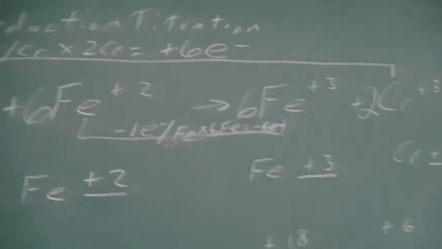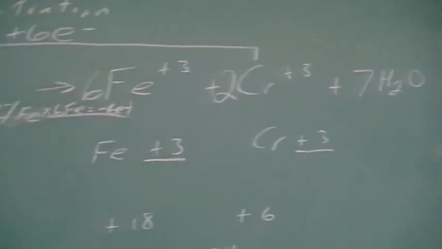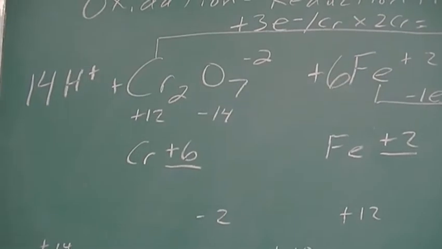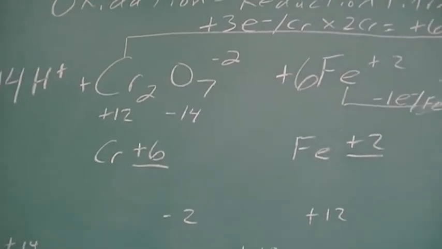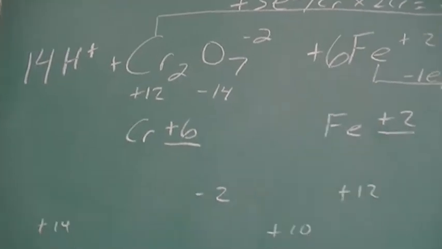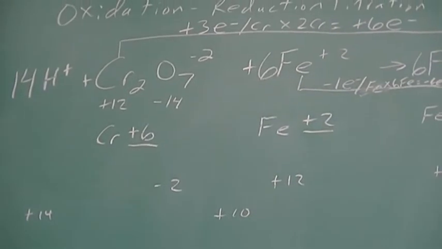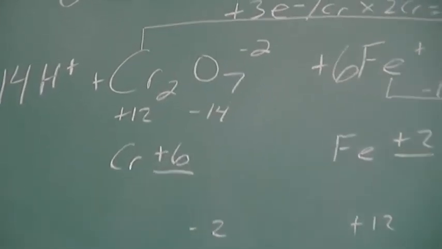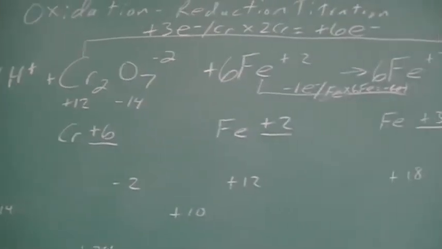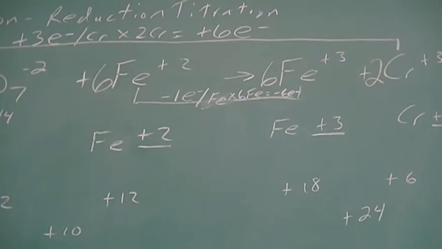And so I have to have 2 in front of my chromium plus 3 because I have Cr2 on this side. And so I need 6 electrons. Alright, and so when you go from a chromium of +6 to a chromium of +3, that is a reduction half reaction, which makes the dichromate the oxidizing agent. Alright, and so for the iron, much simpler. You're going from iron plus 2 to an iron plus 3.